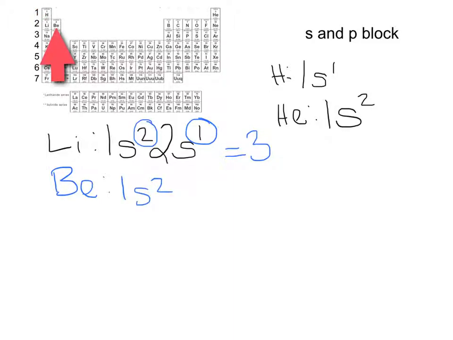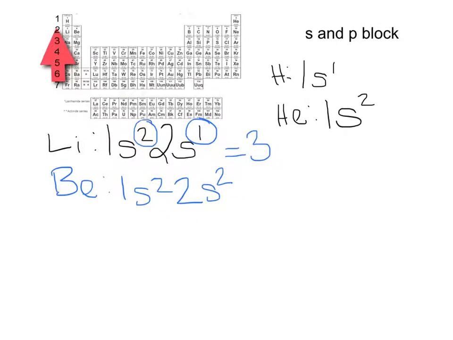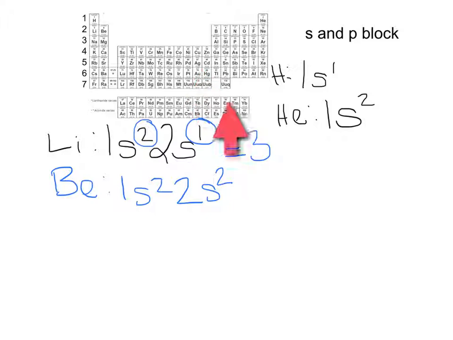Now my first line is finished. Now I'm going to go on to my second line. 2, I'm still in S block, and I need to count over 1, 2 to get to beryllium, so 2s2. And again, if I add up my electrons here, 2 plus 2 is 4, beryllium has 4, I'm good to go.